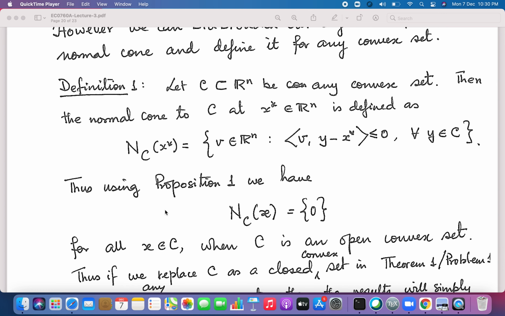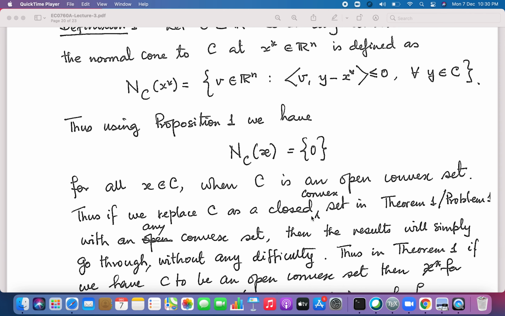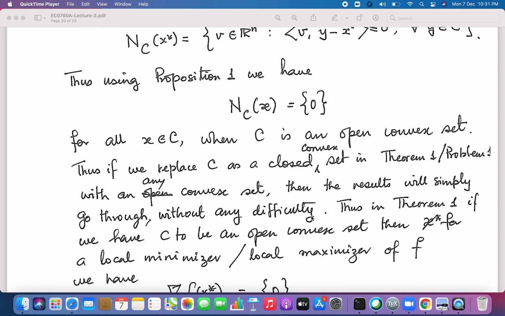Now using proposition 1, of course we can say that N_C(x) is equal to the zero set, just a trivial set containing 0, for all x in C when C is an open set, because every point is now an interior point. So we can just use the same type of proof that we have done in proposition 1.